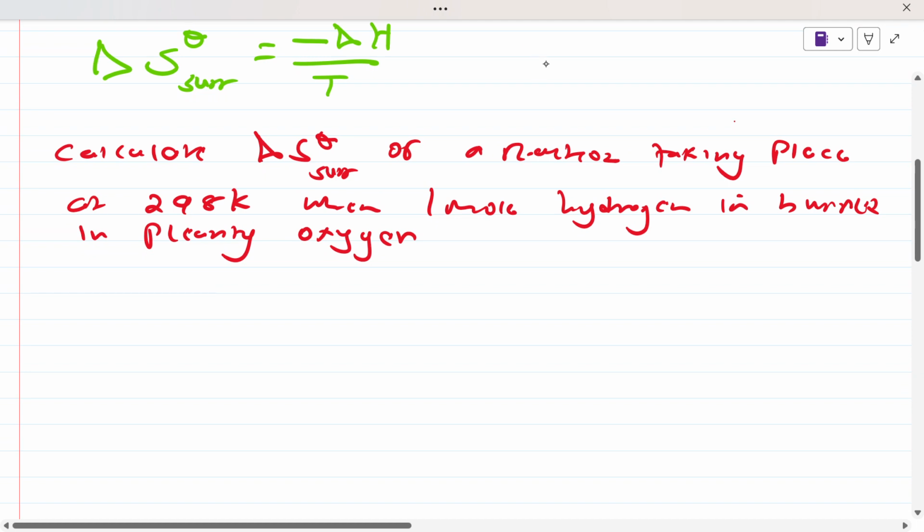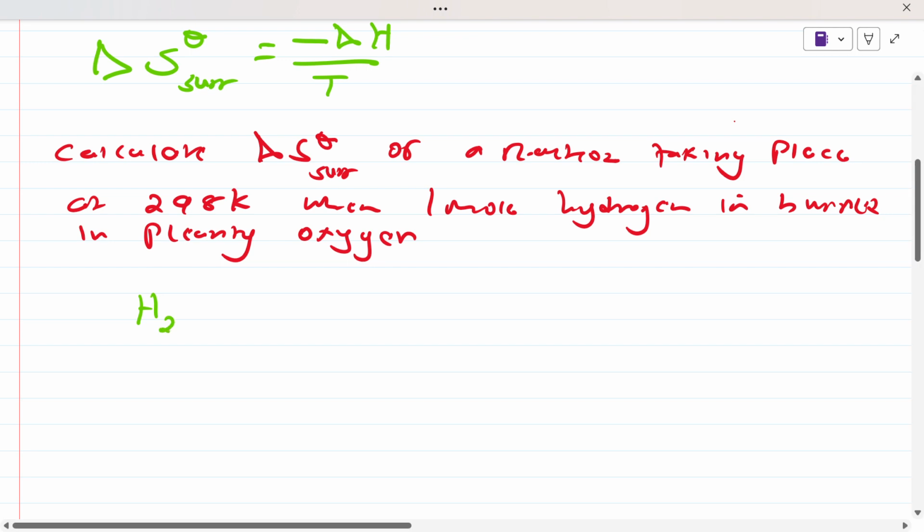And just as I said earlier, the key thing you need to know is that you must be given a reaction for this matter. Maybe you were given a reaction and initially told to calculate the enthalpy change for it, and they can go ahead to ask you to calculate the entropy change of the surrounding at a given temperature. So I'm going to give you the reaction.